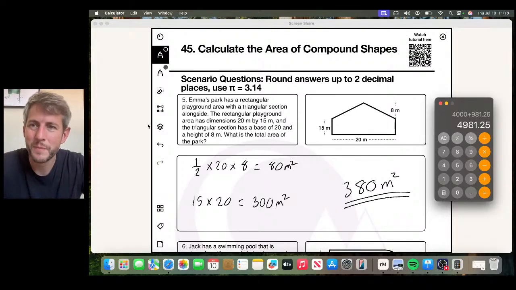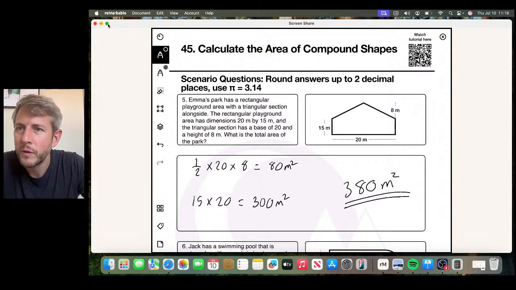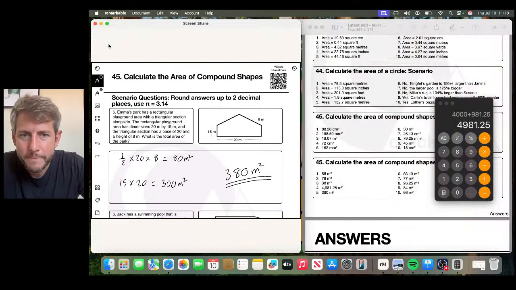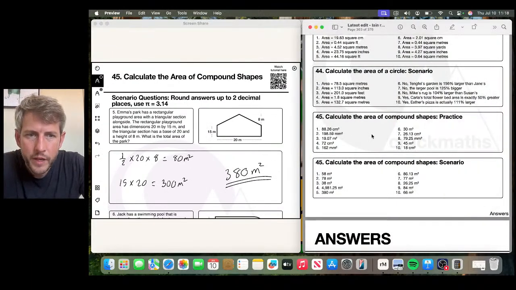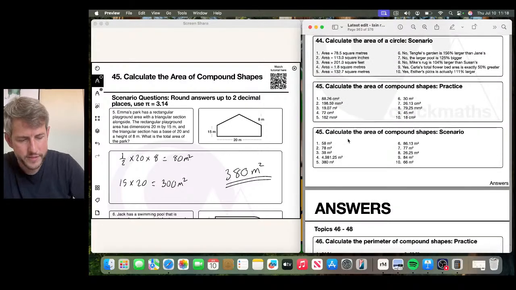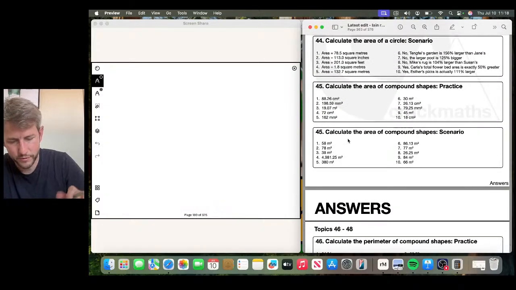Right, let's get this marked and then we will almost be home and dry. Right, so here we go. Question 4 and 5, the scenario ones. So let's go to question 1 first.